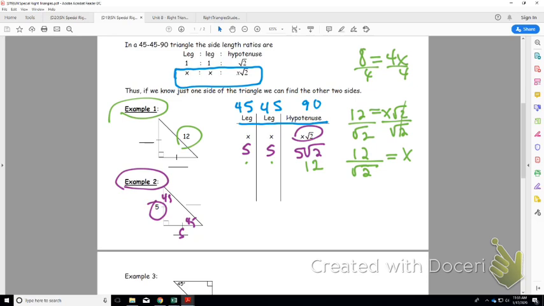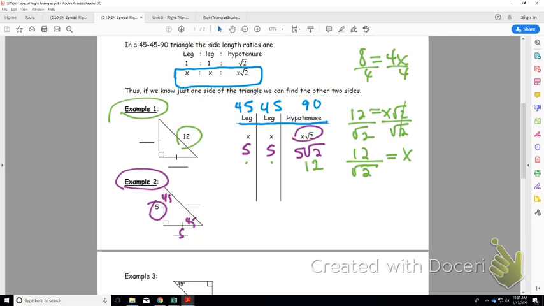Irrational numbers cannot stay in the denominator, because you really can't find the answer, right? It's just going to keep going on and on and on. Just like 0. We can't have 0 in the denominator because we don't know how many zeros are in numbers, right? So what we have to do is we have to get rid of the square root.